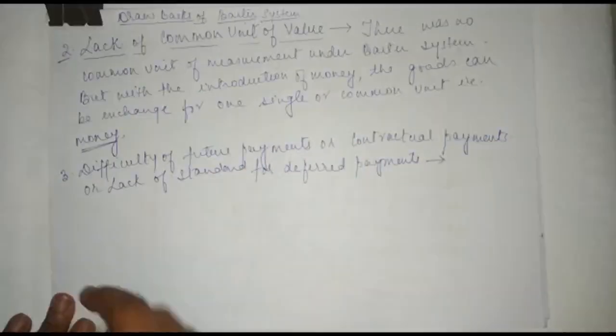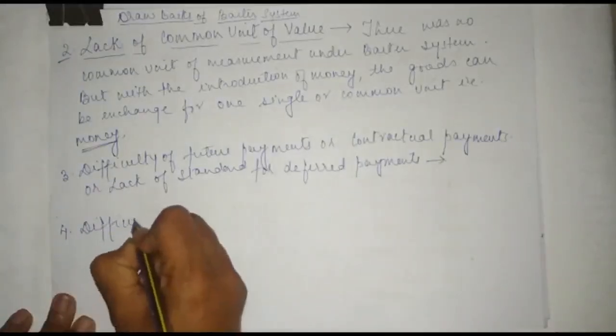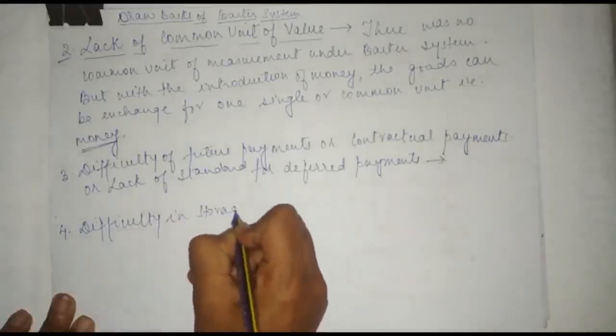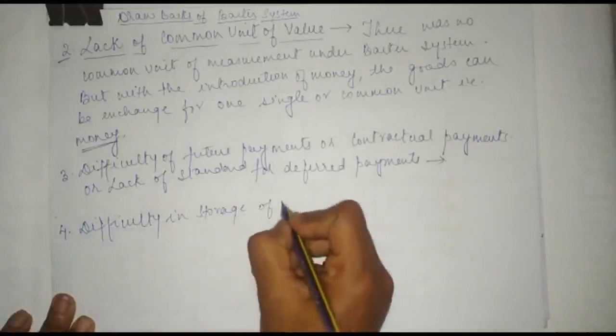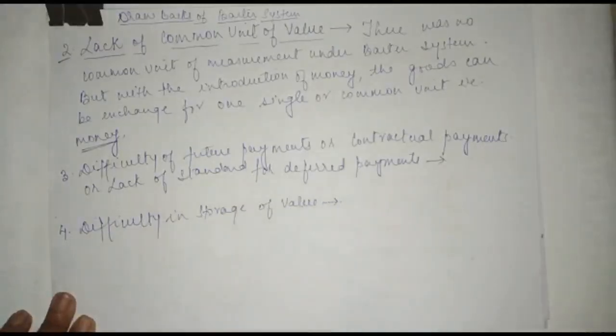Okay, now number 4 we'll write as difficulty in storage of value. In order to store goods for making payments was very difficult. It was very expensive, too much storage place was required, and there was also capital loss.